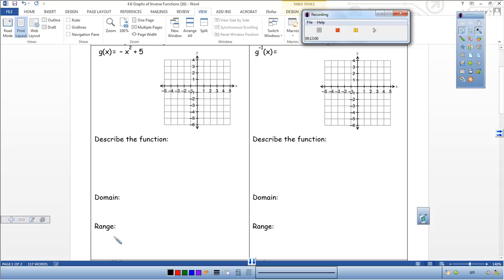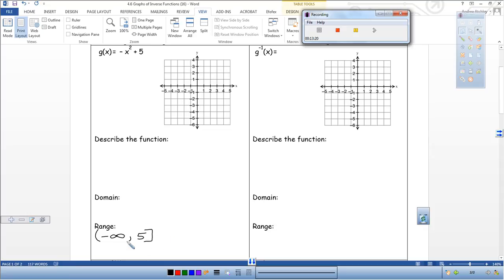So the range is, 5 is the high, oh, not 5. Sorry. We always start with negative infinity, with negative numbers or smaller numbers, to 5. It cannot equal negative infinity. It can equal 5, because that 5 is the highest it can go.